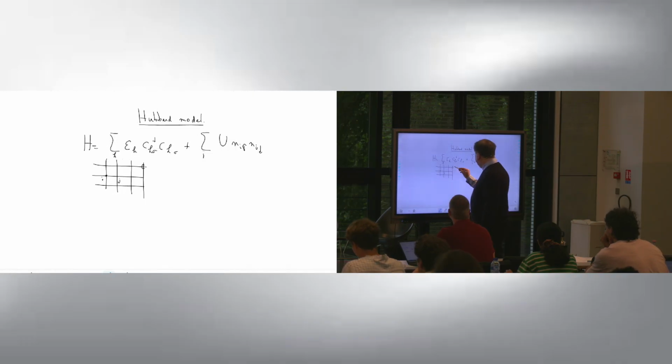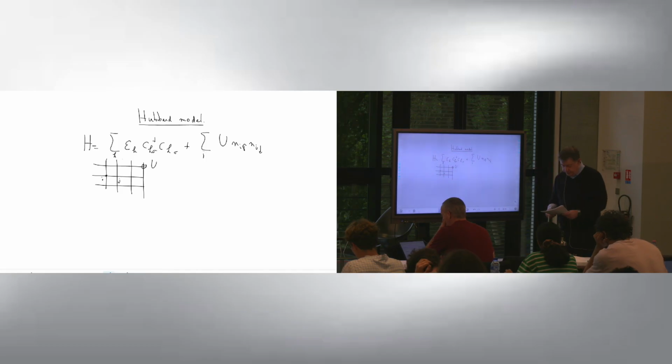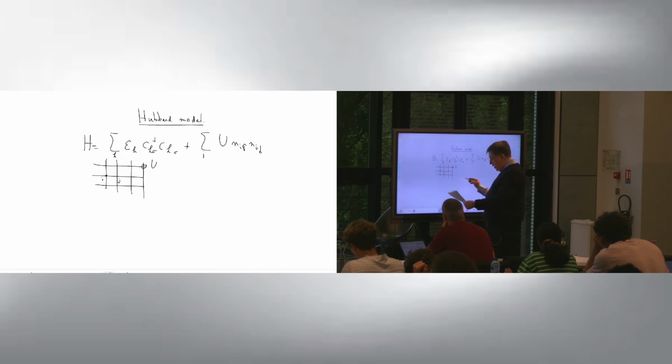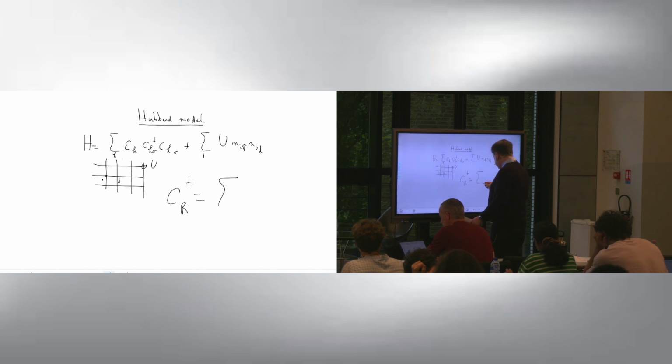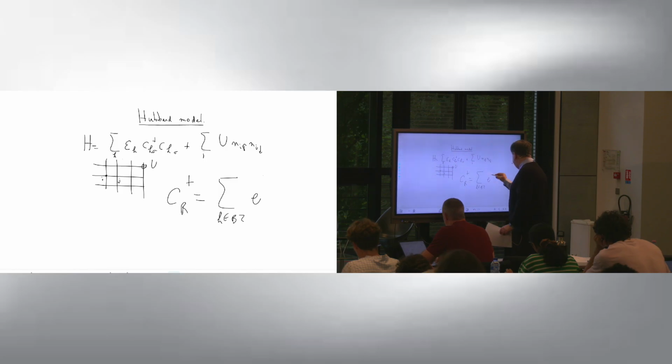On each site, you have an interaction U. That illustrates a little thing which we are going to do quite often. The creation operator can be either on site R or in k-space, related by the standard Fourier transform, k in the Brillouin zone, e to the ikR times c k.